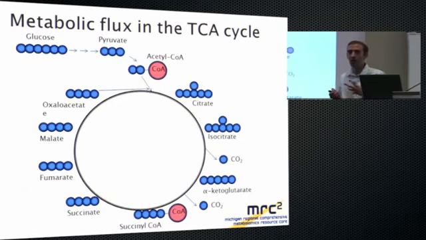So how would we go about measuring rates of turnover of metabolites? Well, we have to do something in order to be able to see it. We can't physically measure flow of metabolites; we need something that will give us information about it.